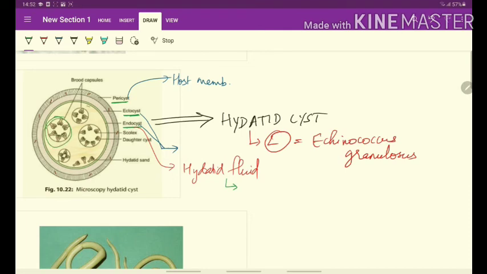These are the brood capsules. So the endocyst is in continuation with the formation of brood capsules containing the daughter scolex. This is about the hydatid cyst morphology.